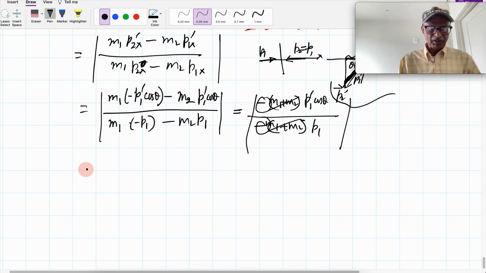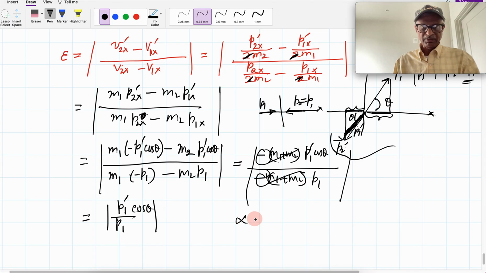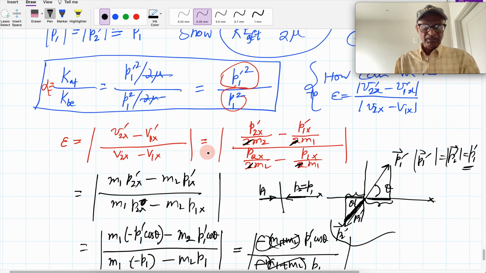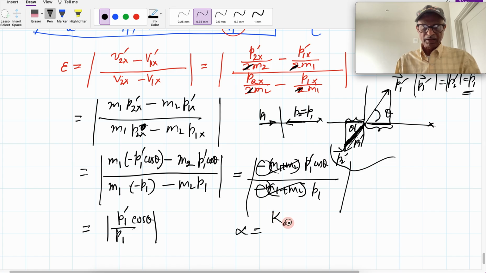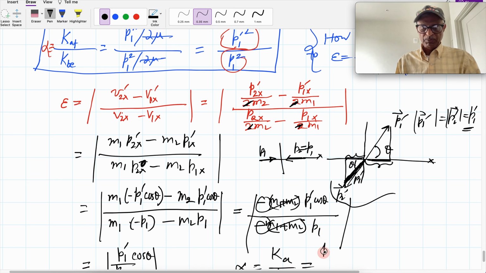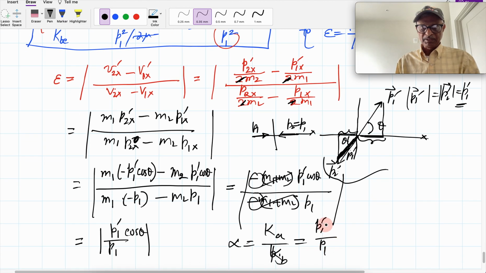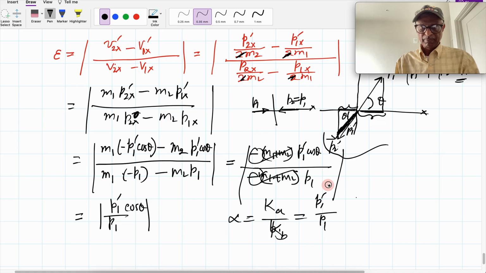It's actually a really nice problem. So you have p1 prime over p1 times cosine theta. So alpha is just the kinetic energy after over kinetic energy before, which was equal to p1 prime square over p1 square.